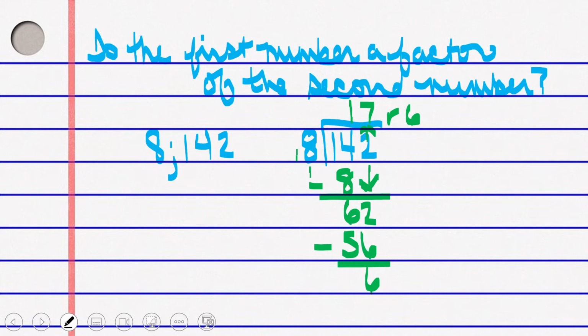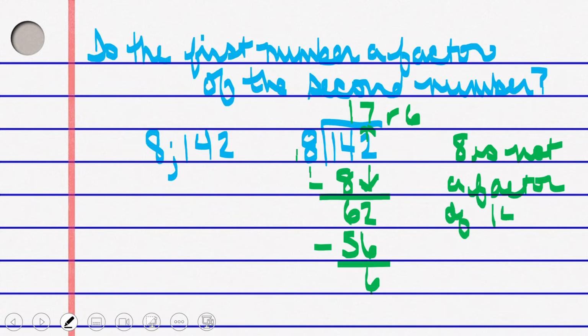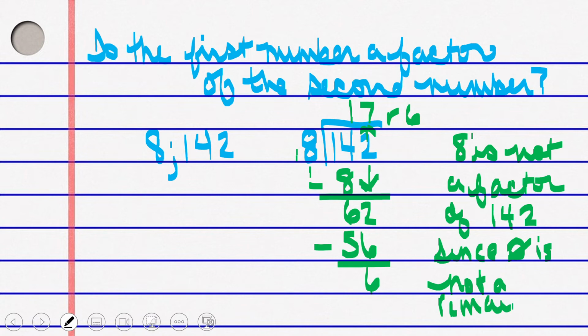So we would say 8 is not a factor of 142, since 0 is not a remainder.